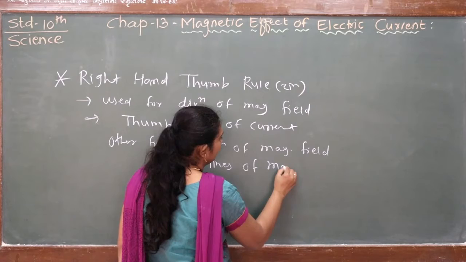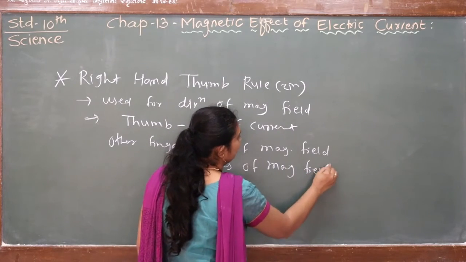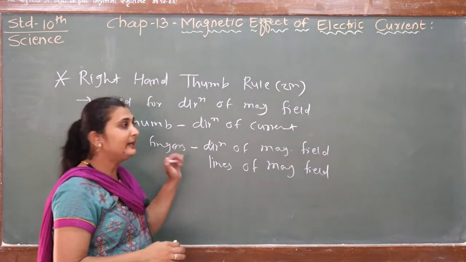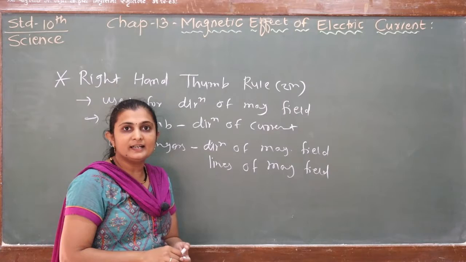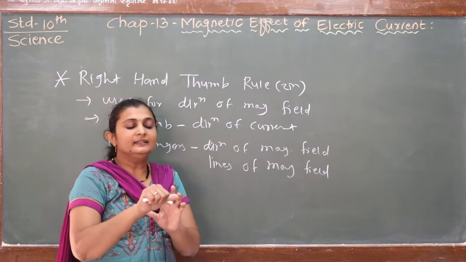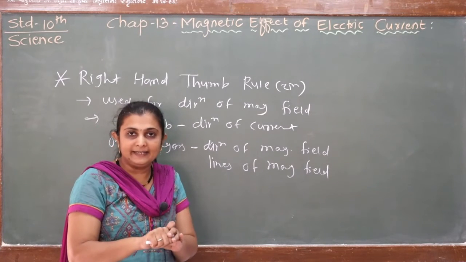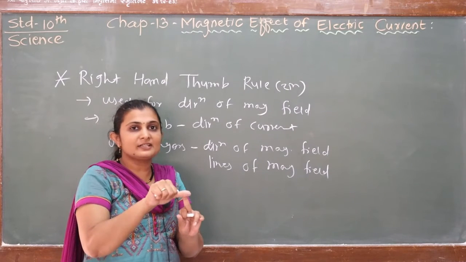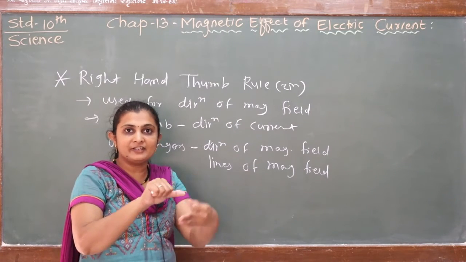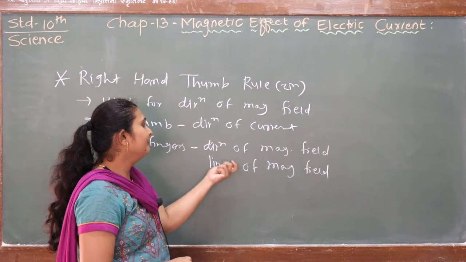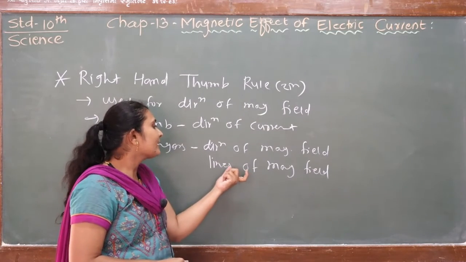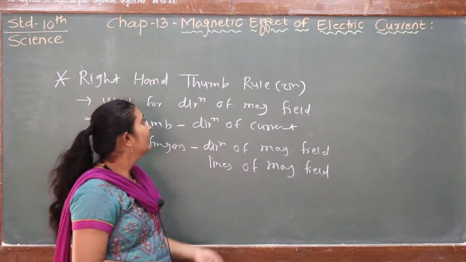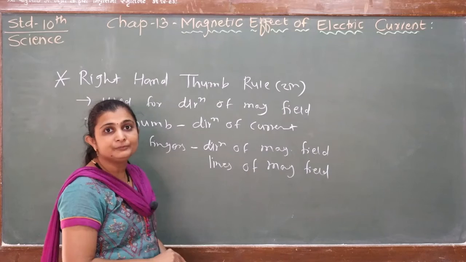And what is the statement of the right hand thumb rule? Consider you hold a conductor in your right hand. Then if the thumb denotes the direction of current, the wrapped fingers show the direction of the magnetic field lines of the magnetic field. Understood? Right hand thumb rule.